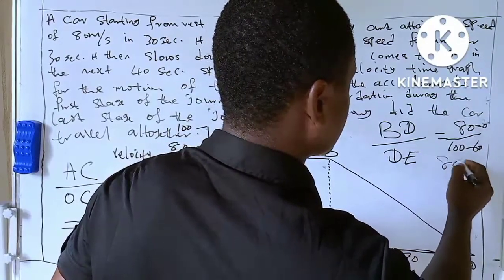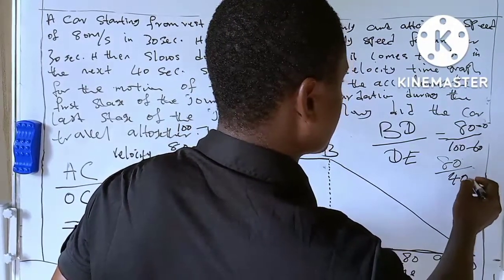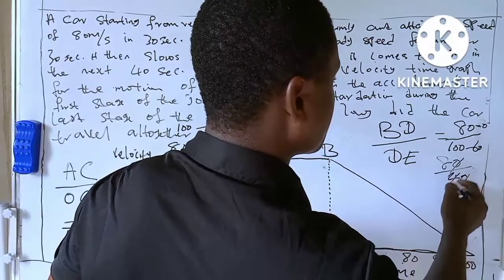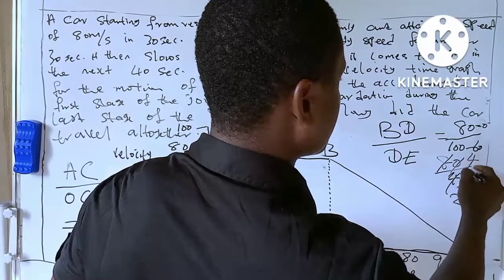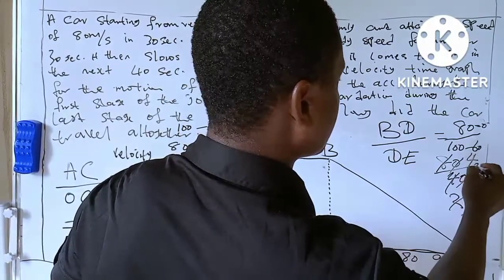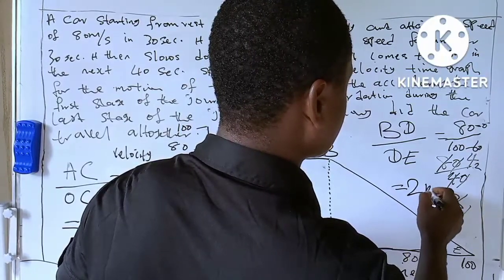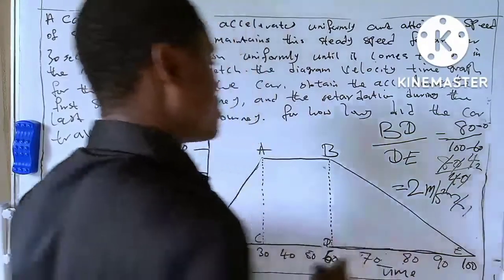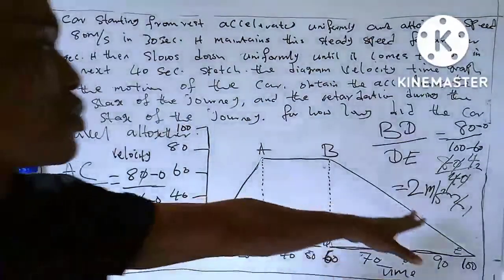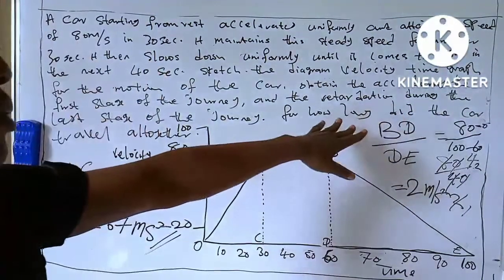So we have 80 over 40. 0 cancel 0. 2 to here is 4. 2 here 1, here 2. Equal to 2 meter per second raised to minus 2, meter per second square. So this is the retardation or the deceleration. So we have answered our third question.